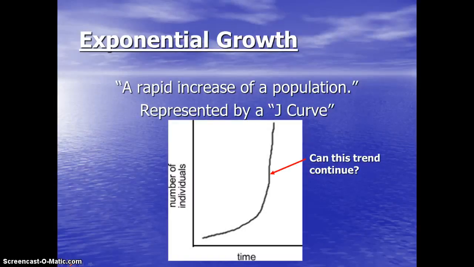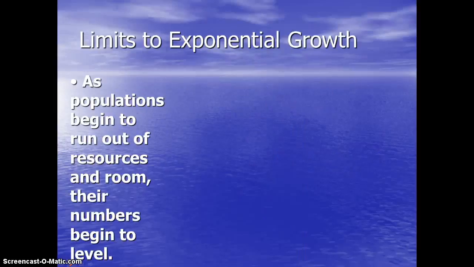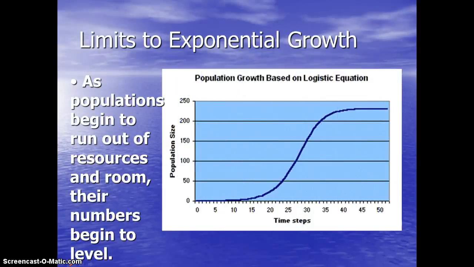All of those terms I just talked about, we can graph a population growth, and it's usually represented by either a J curve, which is going to show rapid or exponential growth, or an S curve graph, which is going to represent a normal growth of a population that's influenced by its environment.